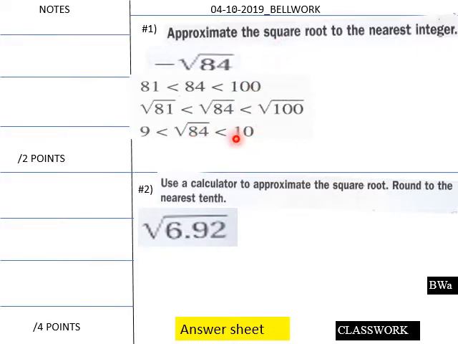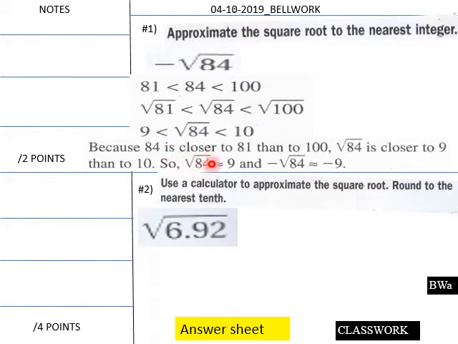So 9 is less than the square root of 84 is less than 10. It'd be between 9 and 10, and it'd be a negative too, by the way. Because 84 is closer to 81 than to 100, the square root of 84 is closer to 9 than to 10.